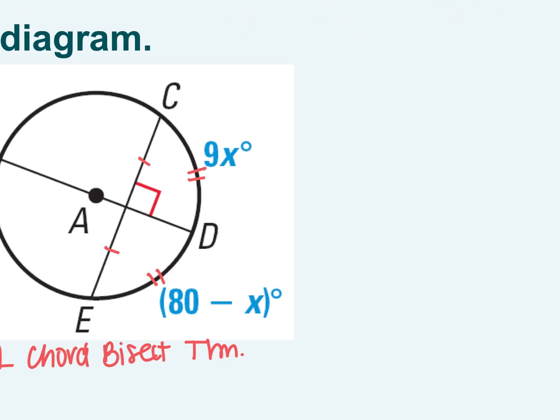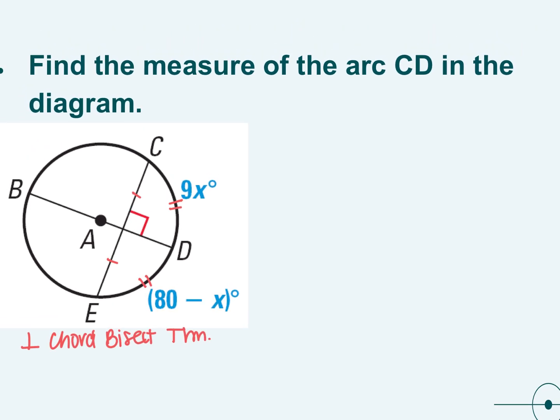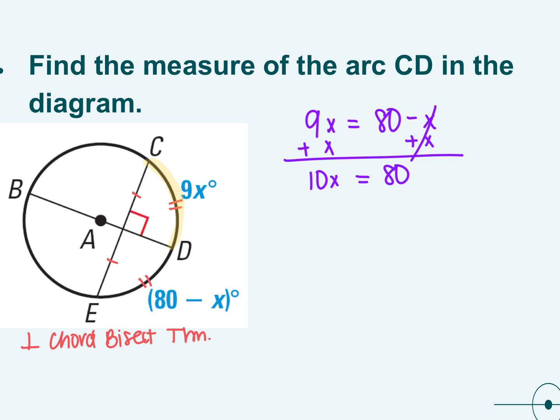Now that I know that those two are congruent, they want me to solve for CD. So now that we know what's congruent, I'm going to set them equal to each other. I'm going to have 9x equals 80 minus x, and I'm solving for x. I'm going to add x on both sides of my equal sign. I get 10x equals 80, and then divide by 10.